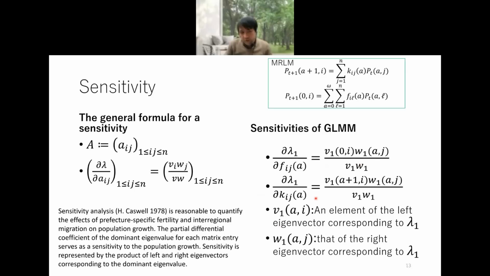If we find the largest parameter of this sensitivity, that parameter is more effective on the population decline. So we have to calculate this value. And the eigensystem also consists of this sensitivity.